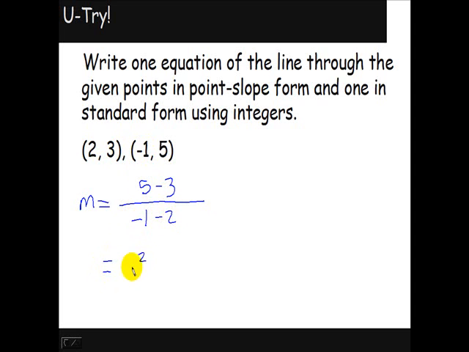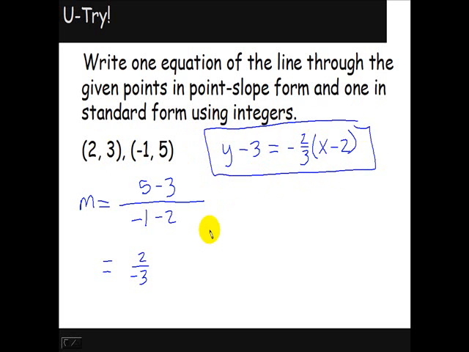Denominator is going to give me negative 3. So my slope is negative 2/3. So I have y minus the y value, let's use the positive point here, 3, equals negative 2/3 times the quantity x minus the x value, which is 2. So there's our point slope form.